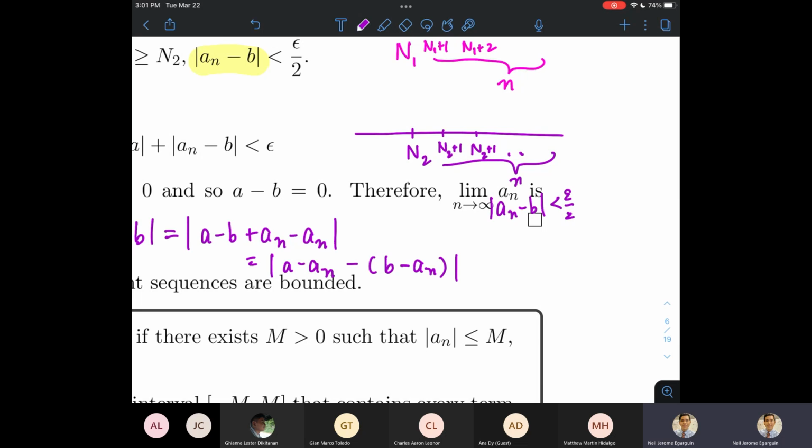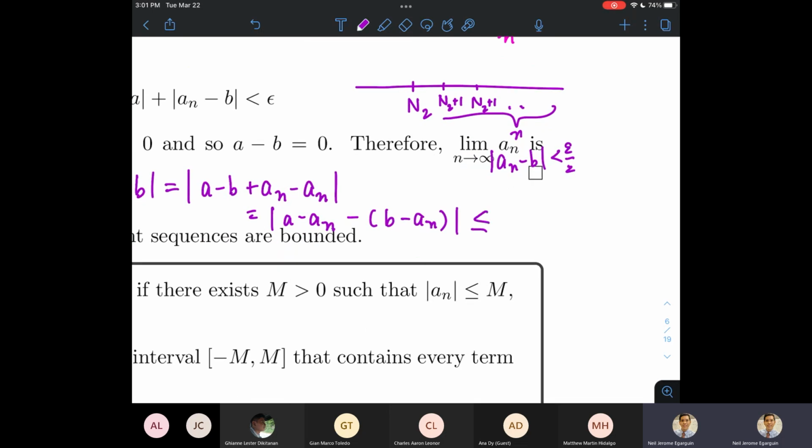Okay? And then I will use a triangle inequality sa statement na to. So, I'll have absolute value ng A minus AN plus absolute value ng B minus AN.